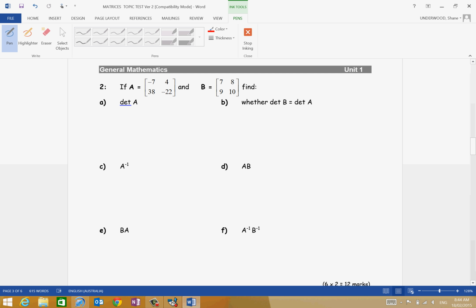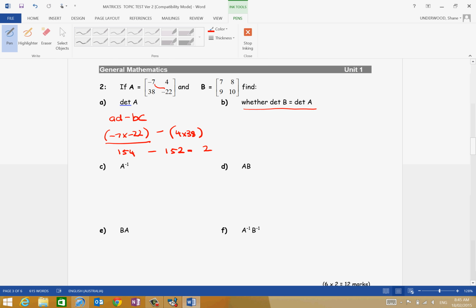We're going to say that that's AD minus BC. And so I'm multiplying these elements here. Negative 7 times negative 22 minus BC, which is 4 times 38. This is going to give me 154 minus 152 is equal to 2.